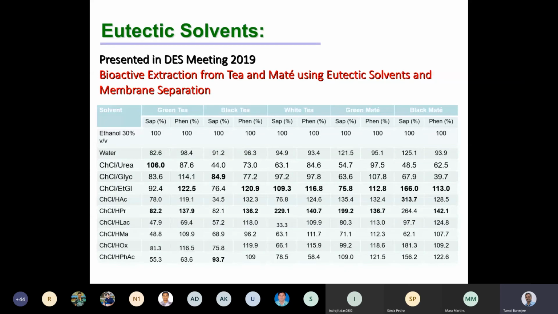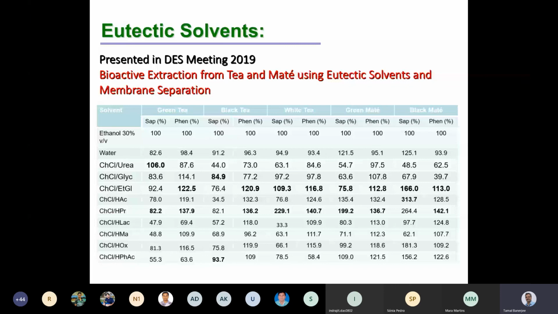Mate, Ilex paraguariensis, is a typical plant in the south of Brazil, and the beverage made of it is consumed all over Brazil and Latin America, but mainly in the south.